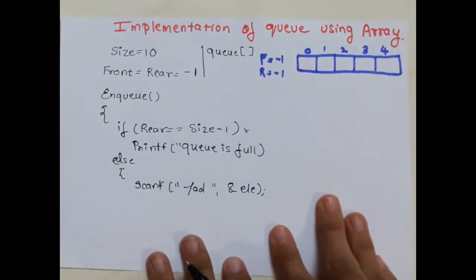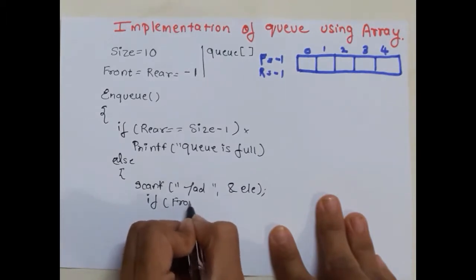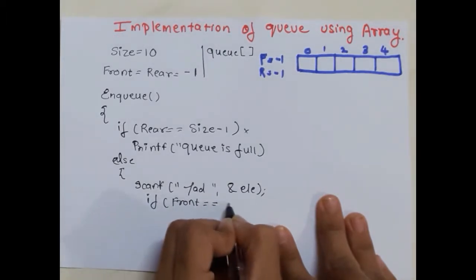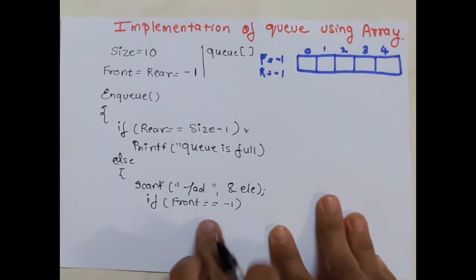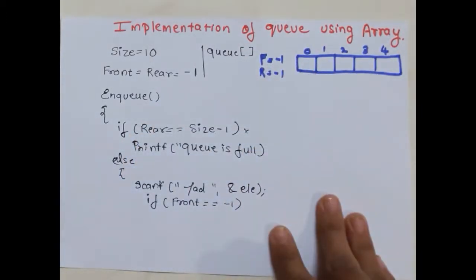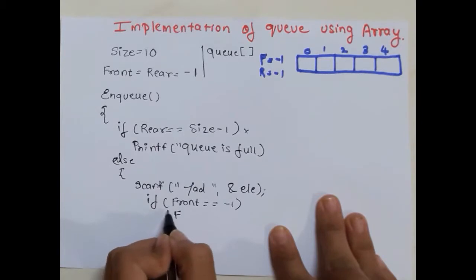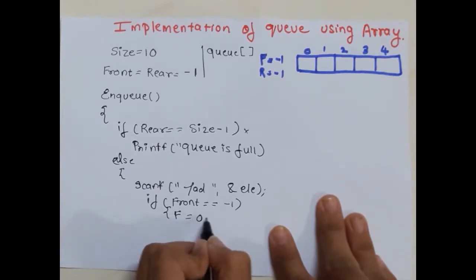If front is equal to -1, then we have to assign front as 0, because we know that front points to the first element in the queue, isn't it? So we write front equals 0.